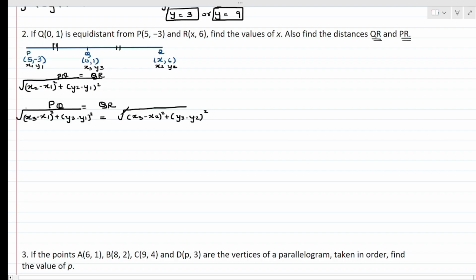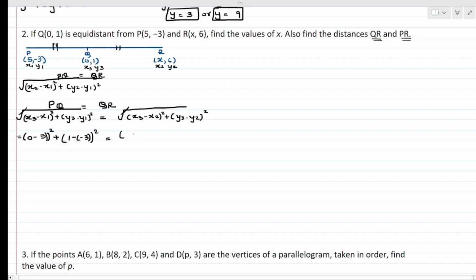Now the root gets cancelled. What is my x3? It is 0. So you will write 0 minus 5 the whole square plus, what is my y3? It is 1 minus minus 3 the whole square.